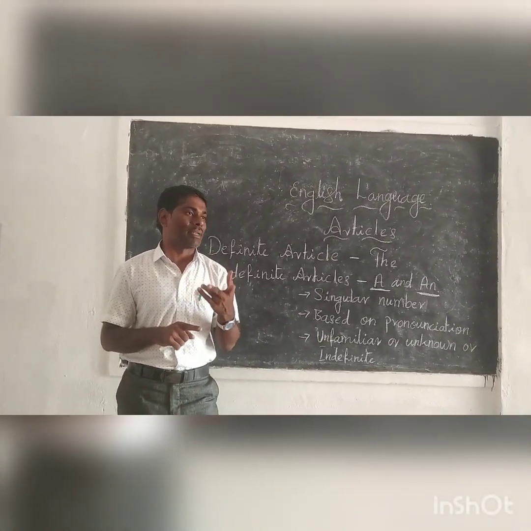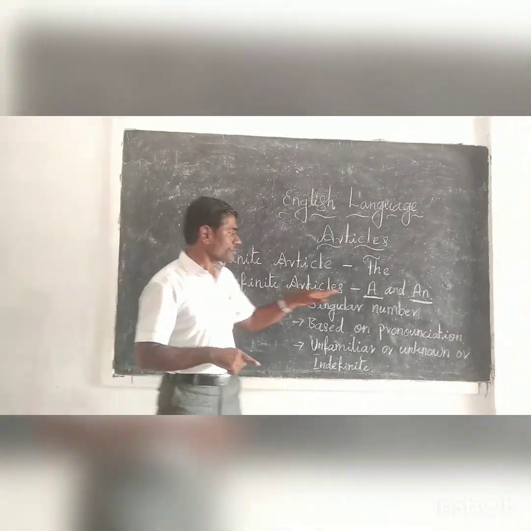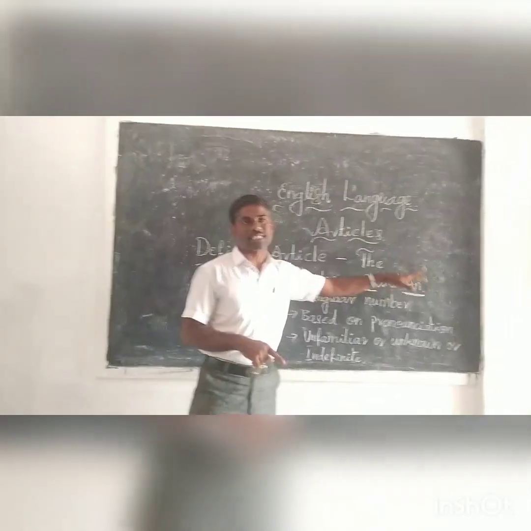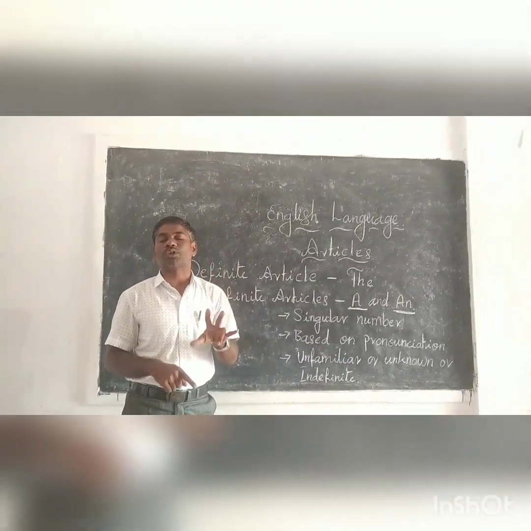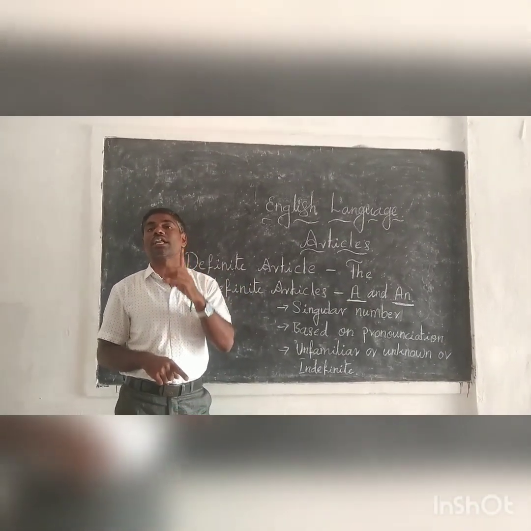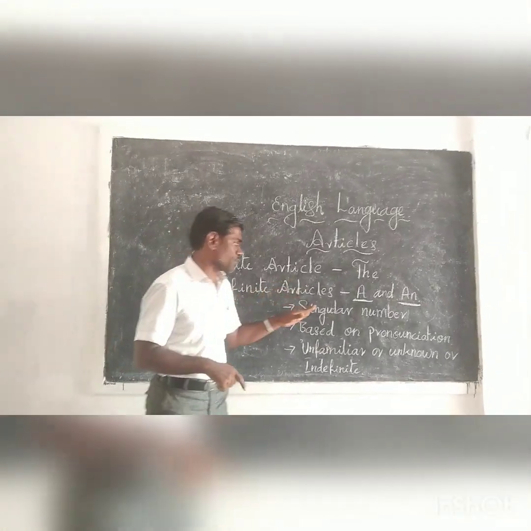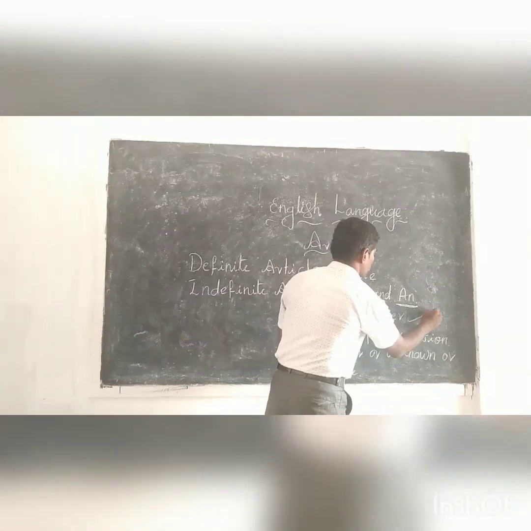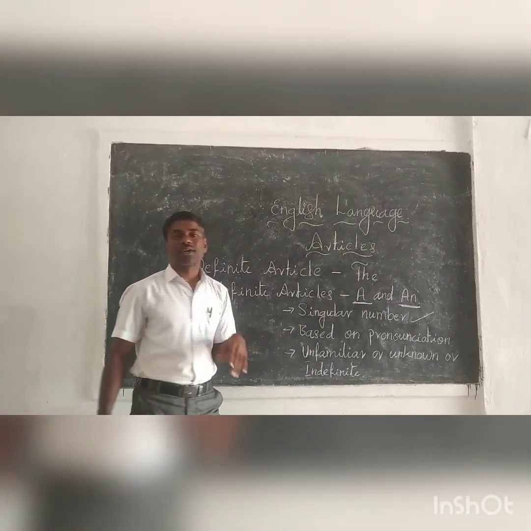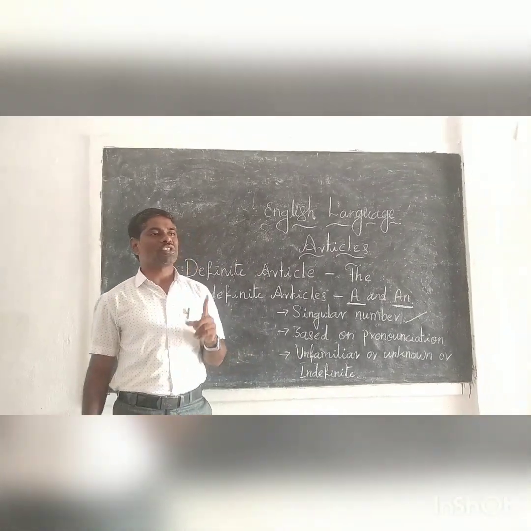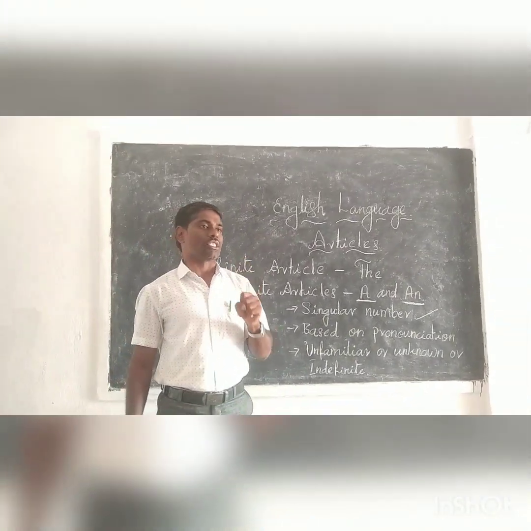So both of these words are used with the singular number of nouns. That is one very important point. Singular. The second thing: both are singular, but we have a choice.